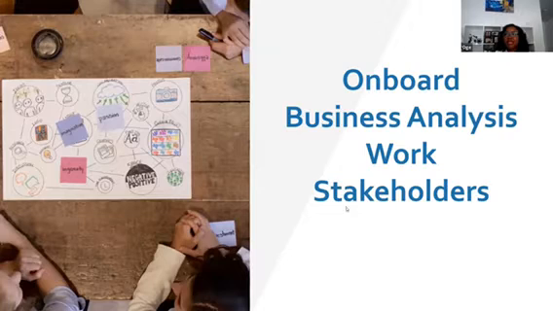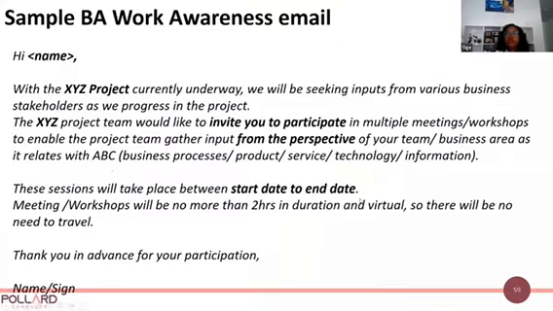So next slide. Yeah, so I talked about the BA work awareness email. That's the first thing, you do that before you go on to your onboarding session. So this is a sample BA work awareness email you send. The steering committee members, those high level project stakeholders, have identified a couple of project stakeholders or maybe department leads or process owners you work with.